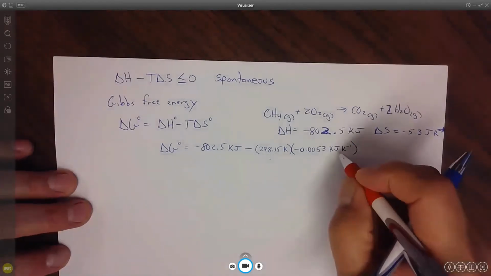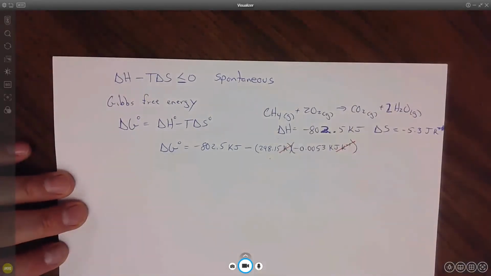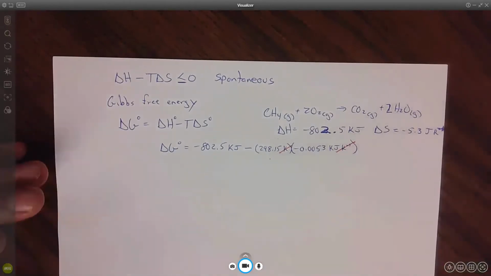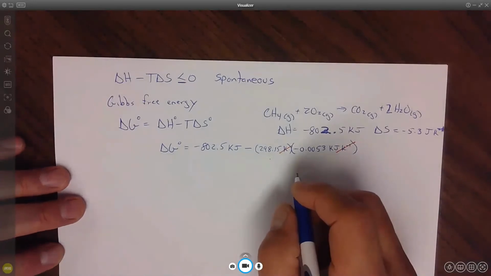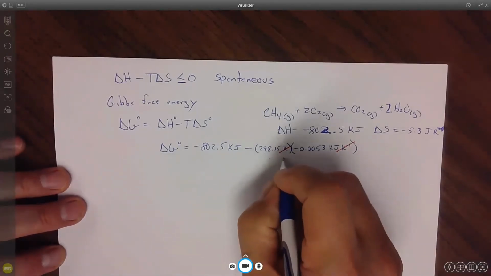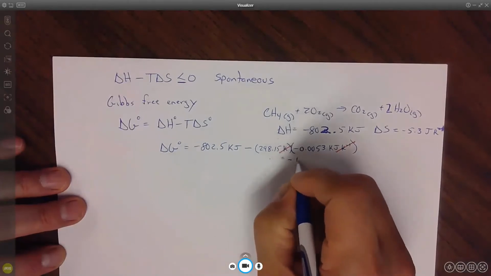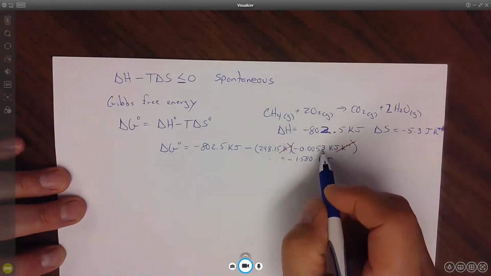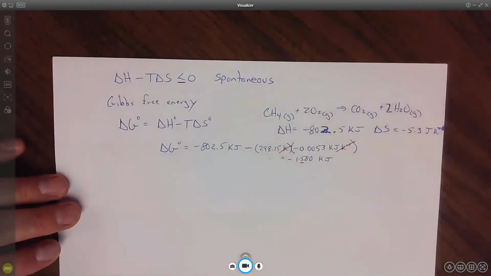So now I can see that my Kelvin cancel. I have mixed operations here. I'm assuming that my 25 degrees Celsius was exact. And so this sum here is going to be negative 1.580 kilojoules. We just have 2 sig figs, so that goes right there.